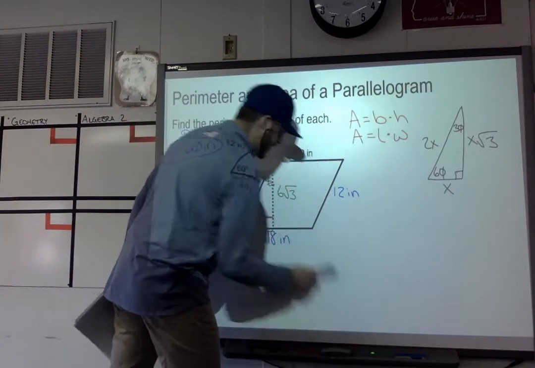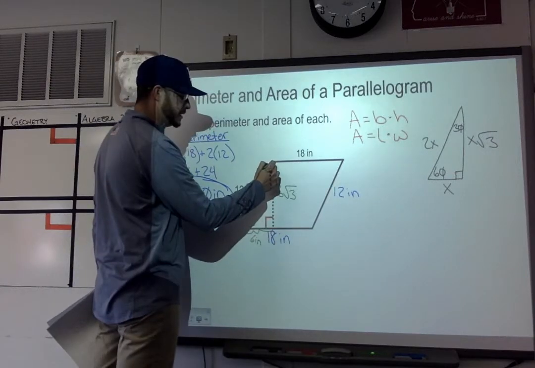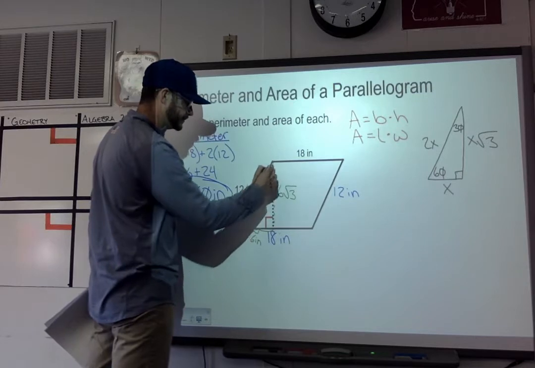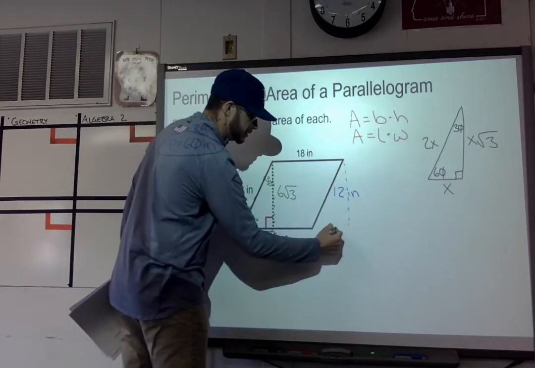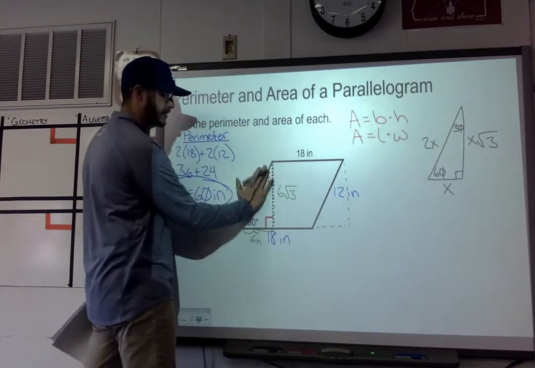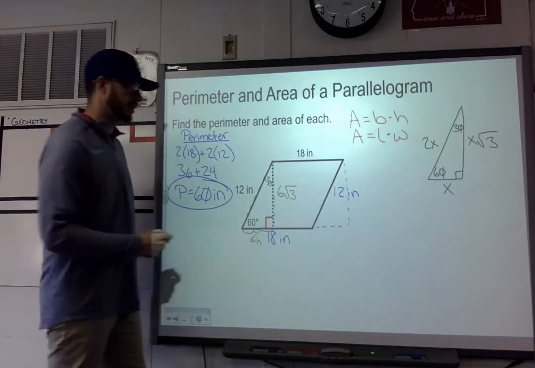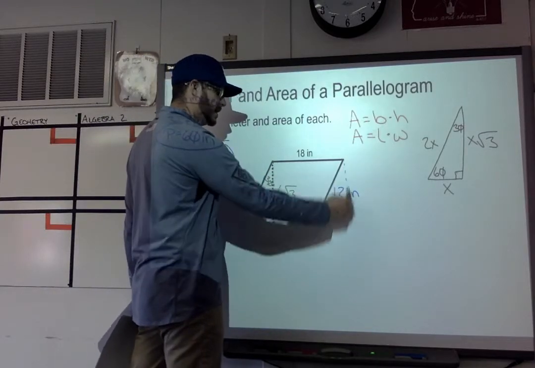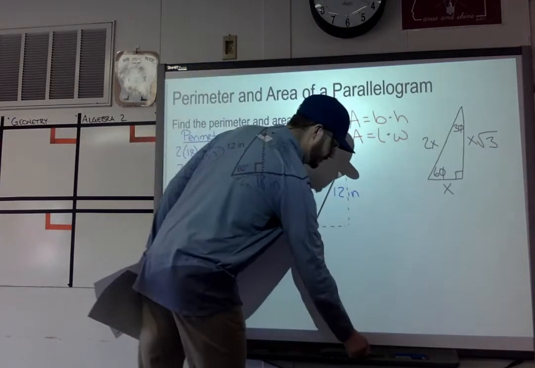Now the reason we have to use this as our height is because if you take this triangle right here and add it over here, get rid of it on this side and add it over there, we've now got a rectangle that has a length of 18, or a base of 18, and that height of 6 times the square root of 3.